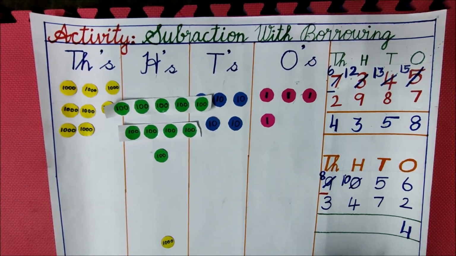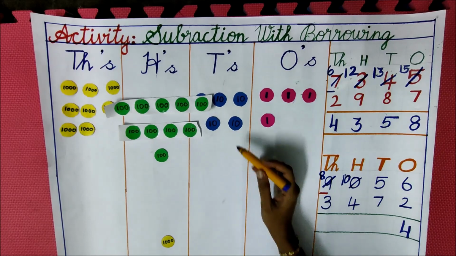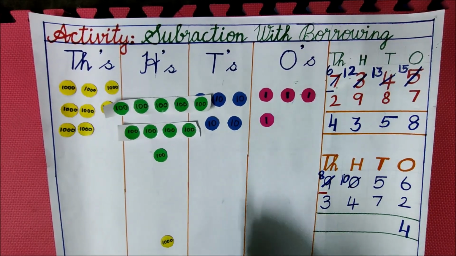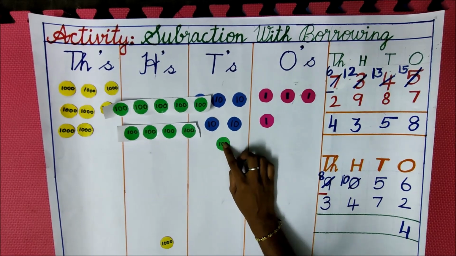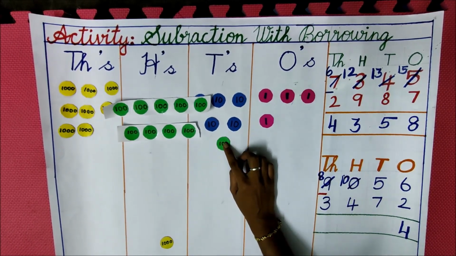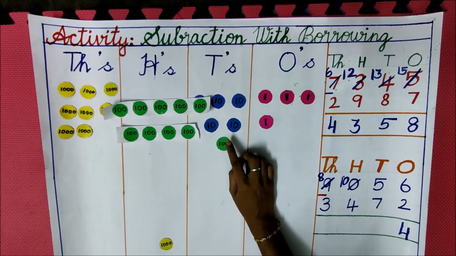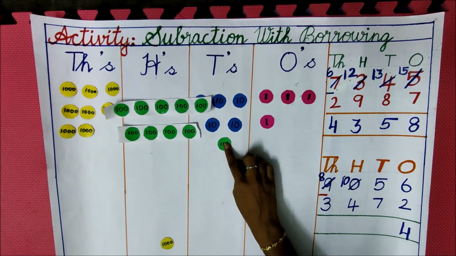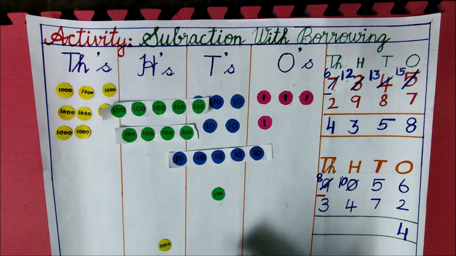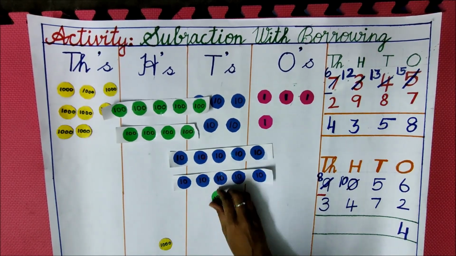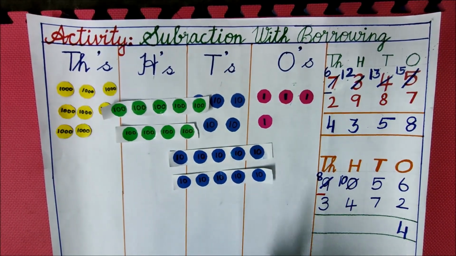Okay, so again you have to give one borrow to tens place. Okay, so 100 is equal to 10 tens. So instead of this 100, I am going to keep 10 tens. See, 10. Okay, very good.